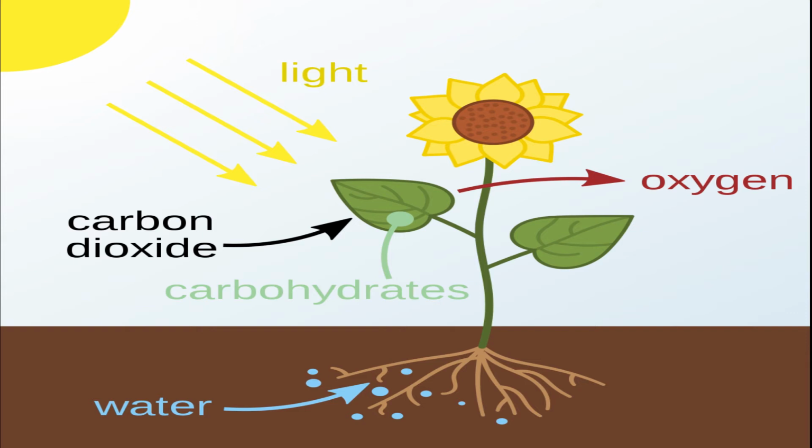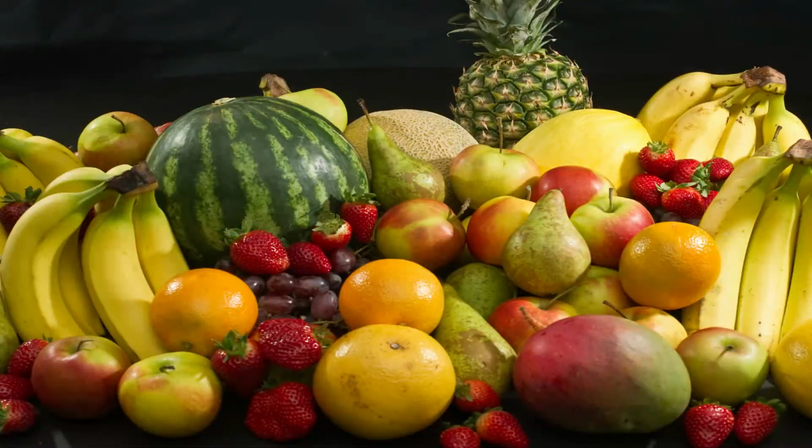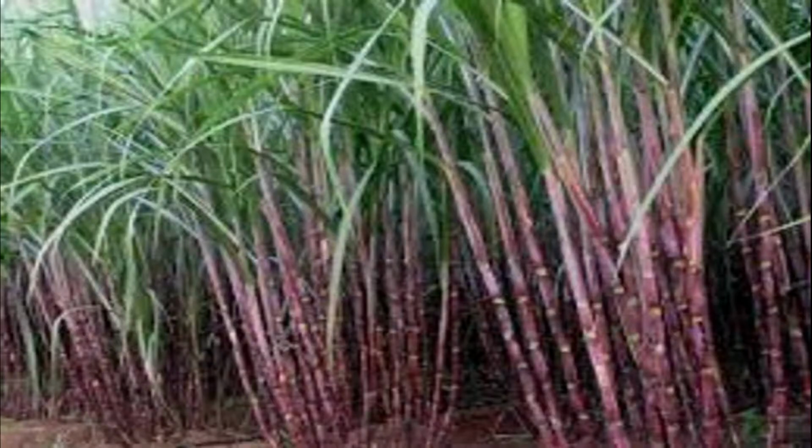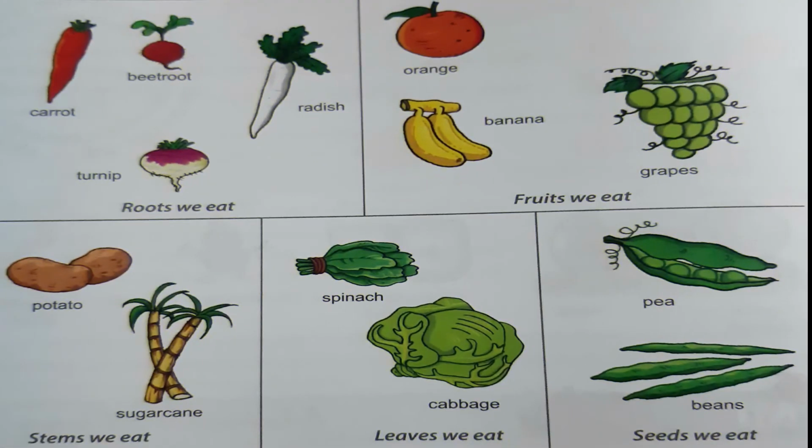Food is stored in different parts of the plant like fruits, seeds, roots, stems, etc. We eat these parts of the plant as vegetables or fruits.